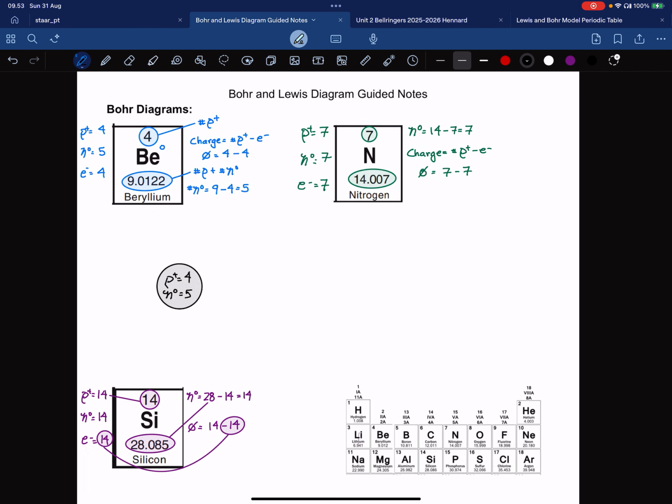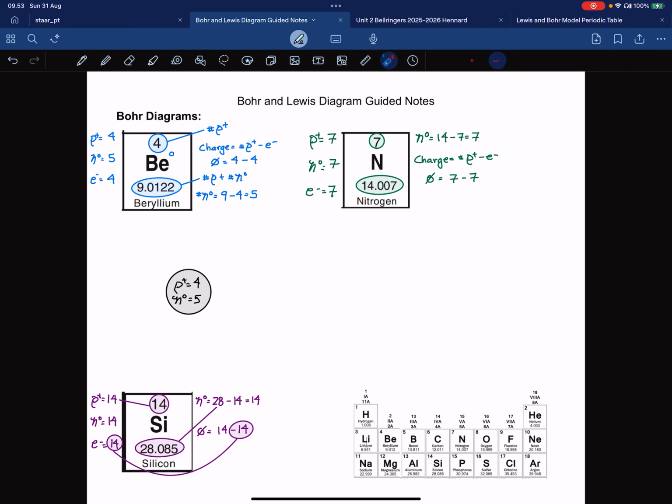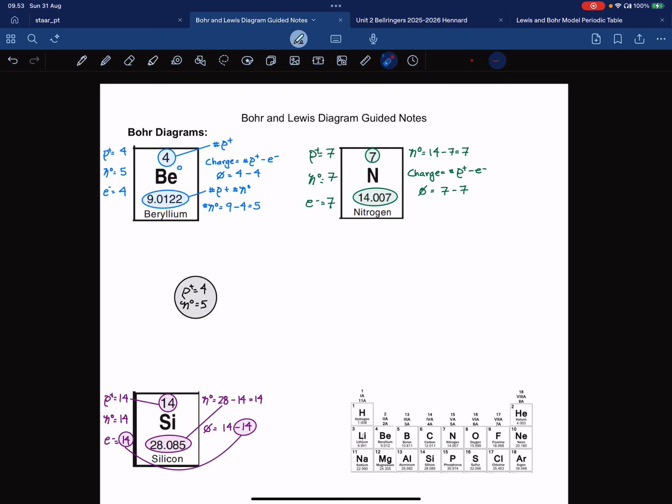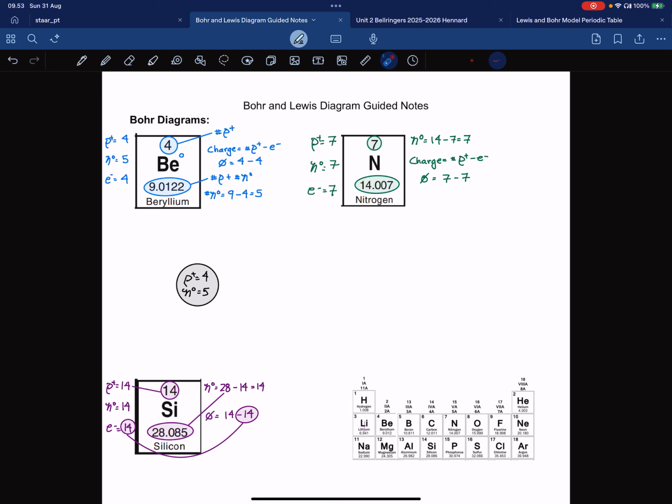After that, we have the Bohr diagram, in which the electrons are in orbits around the nucleus. These orbits have a series of rules associated with them. The rules for filling the orbits are these.